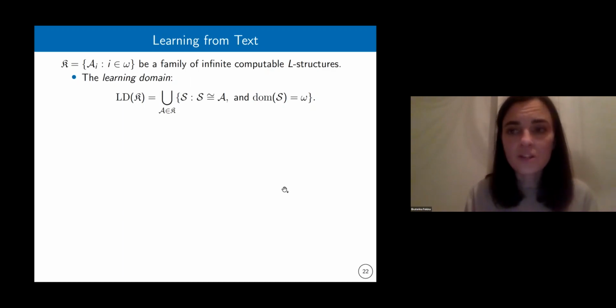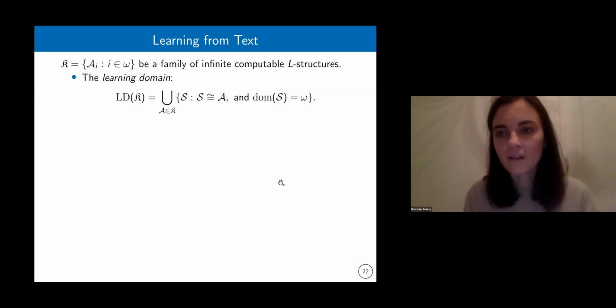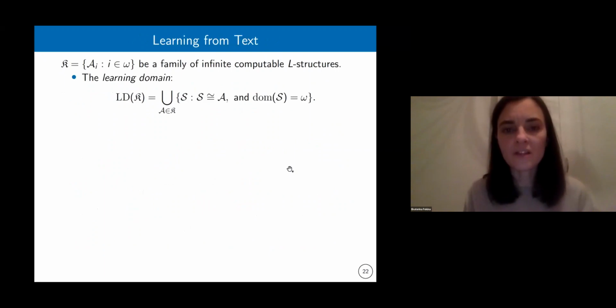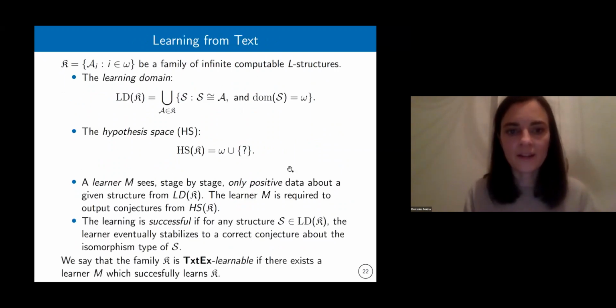This is for learnability for text learning, text EX learning. Everything here is the same in this paradigm, except for learning from text. They are learning only from the positive information, and we only get the positive data. But we still have the EX convergence, meaning that we want to output one and the same conjecture from some point on.